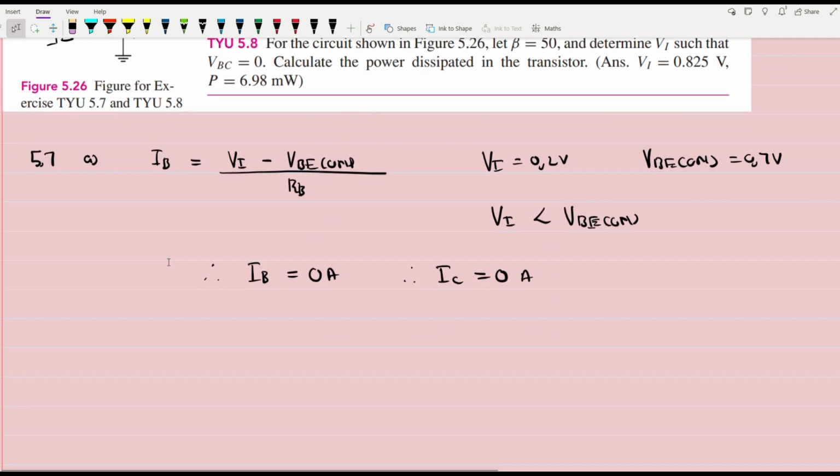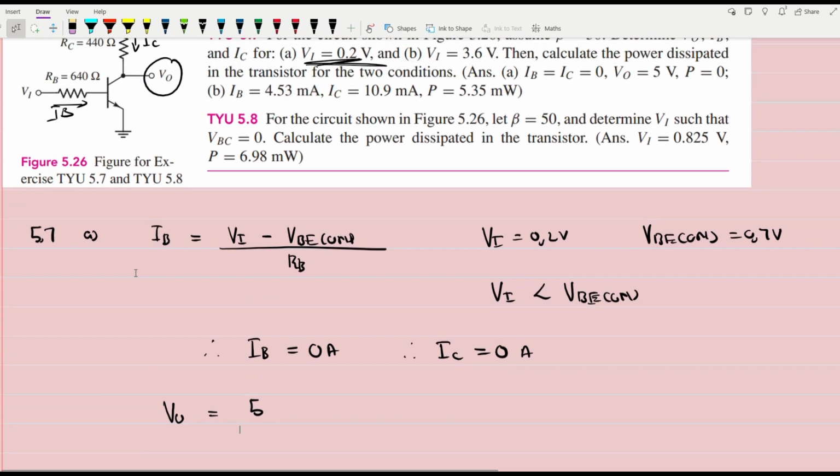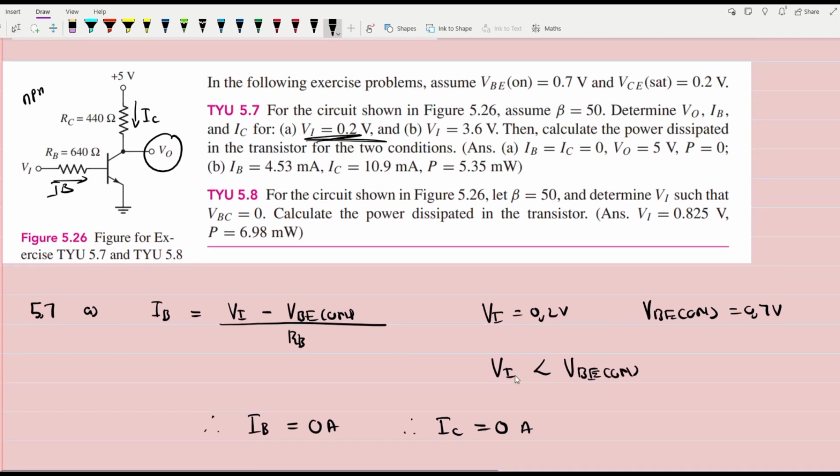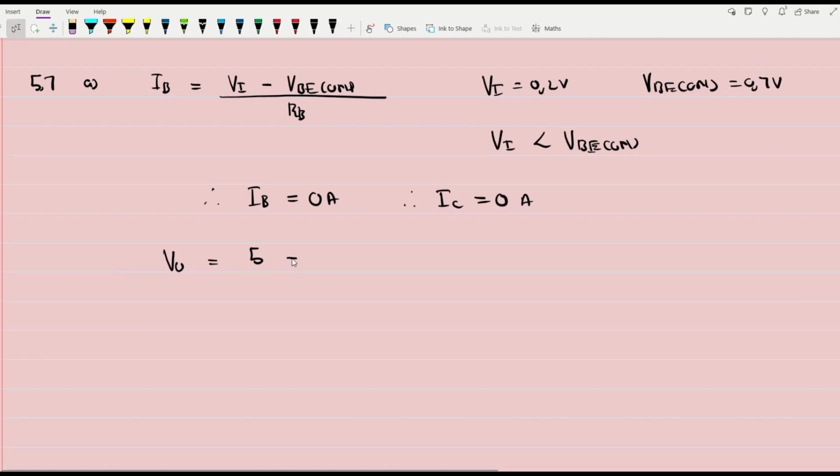To find that voltage, VO is equal to V positive, which is 5 volts, minus IC multiplied by the resistor RC.